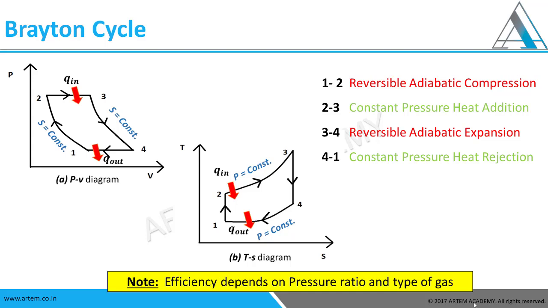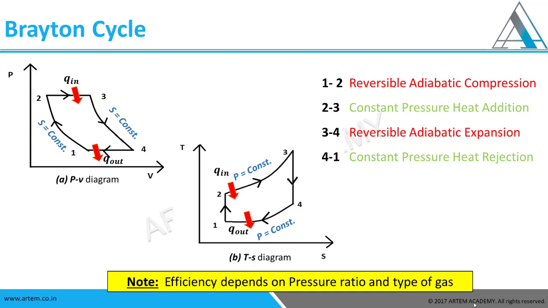And in the PV diagram, it's quite evident that from 1 to 2, the volume is being reduced, that is, the compression is happening. While you can see the same 1 to 2 process in the TS diagram, that the entropy is same because it's an isentropic adiabatic process, but the temperature is increasing. And here we can conclude that during the compression, the temperature increases.